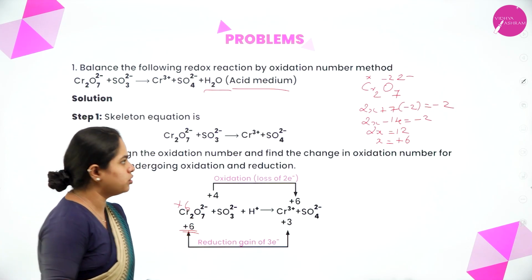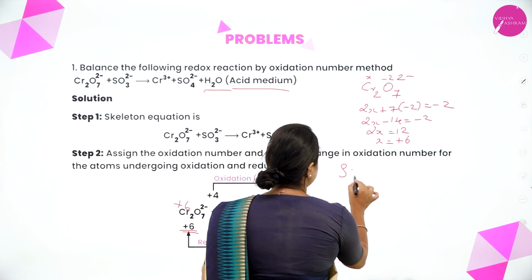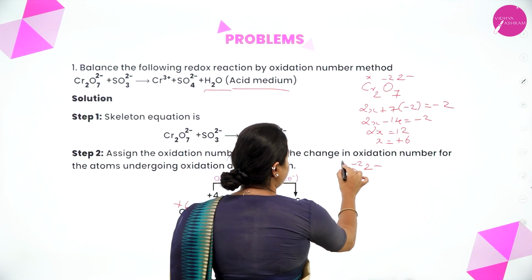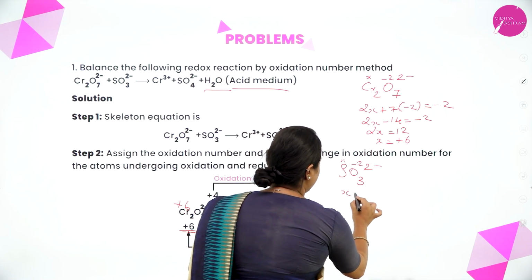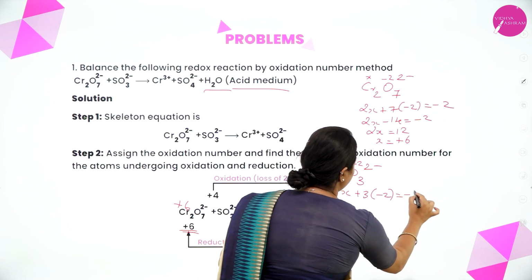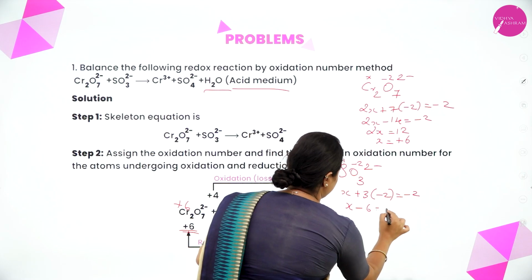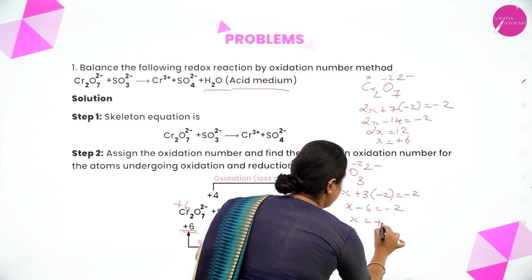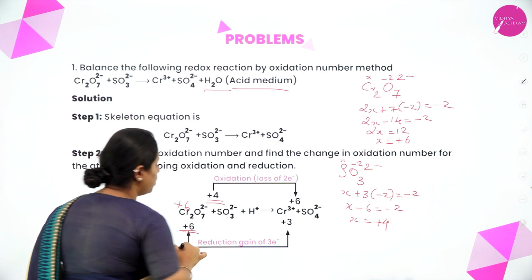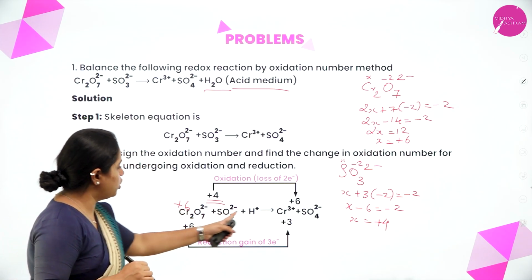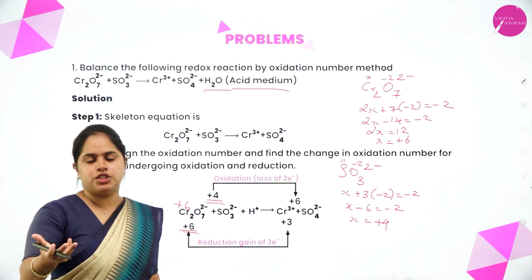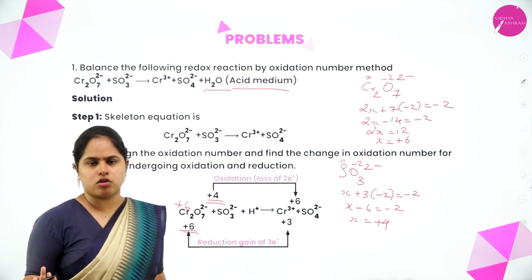Now moving on to SO3 2 minus. For oxygen it is minus 2, for sulfur it is x. So x plus 3 into minus 2 will be equal to minus 2, x minus 6 is minus 2, so x will be equal to plus 4. Now Cr3 plus is an ion, so whatever charge is present on the ion will be its oxidation number.